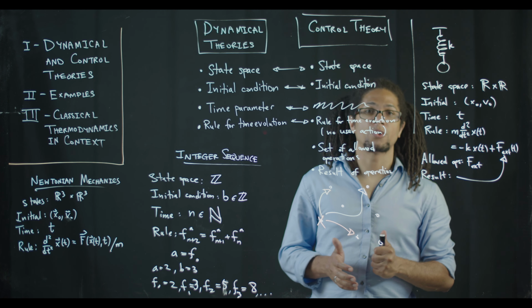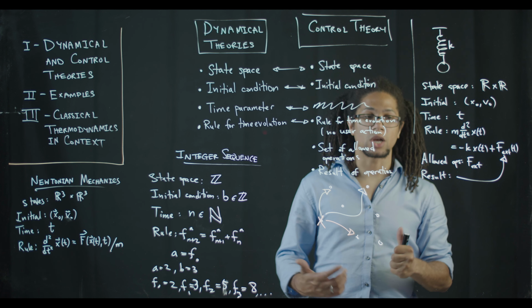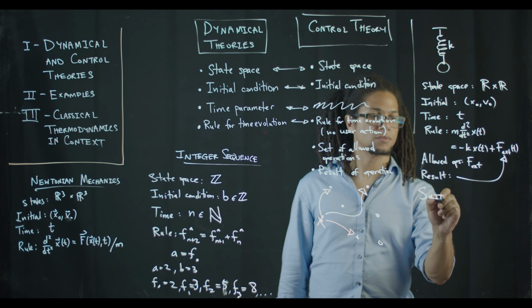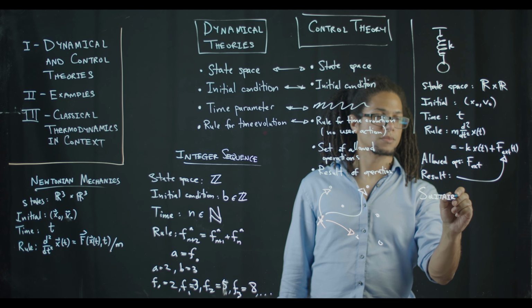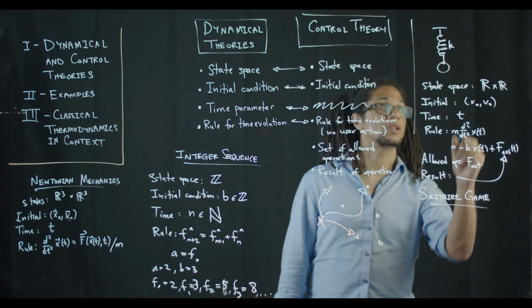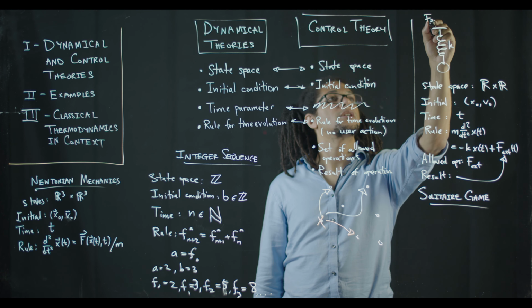Another example of a control theory is playing a solitaire game. I should have labeled this, sorry, forced spring.